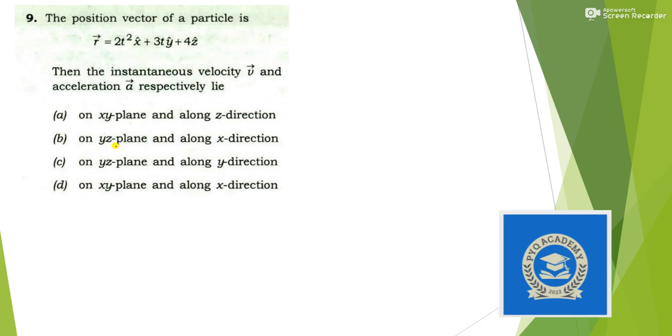Then the position vector of a particle. Okay, this is also from higher NCERT, but it is a basic question. So if you are a student of arts, you will find it difficult to understand, but if you are a student of science, you will find it easy. Okay, so this is a position vector of a particle. Okay, let's take it as I cap, j cap and k cap. So velocity is defined by dr by dt.